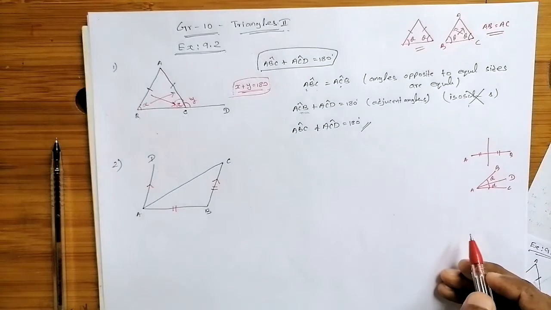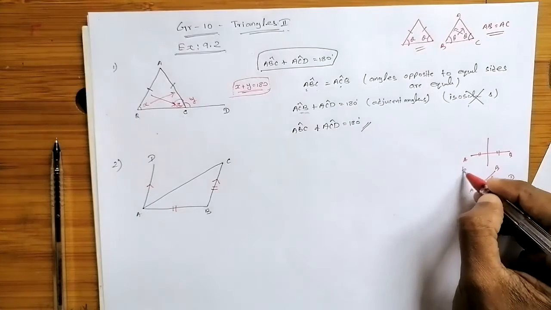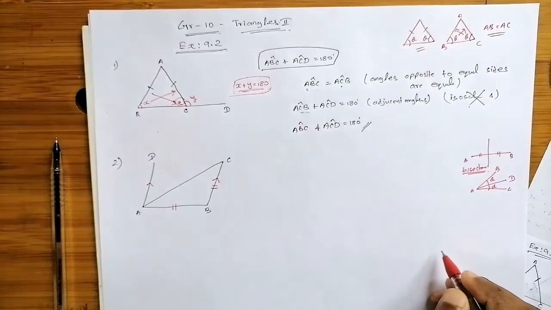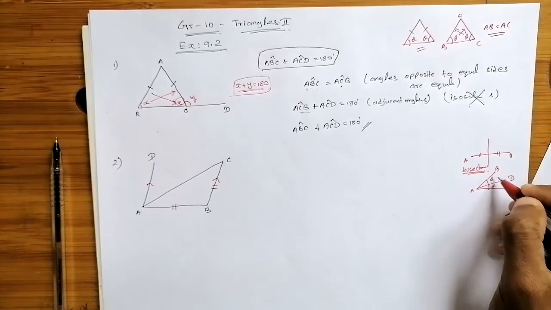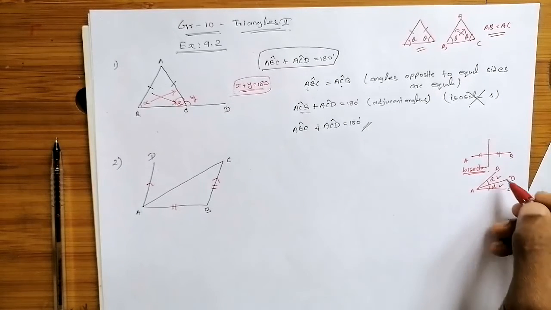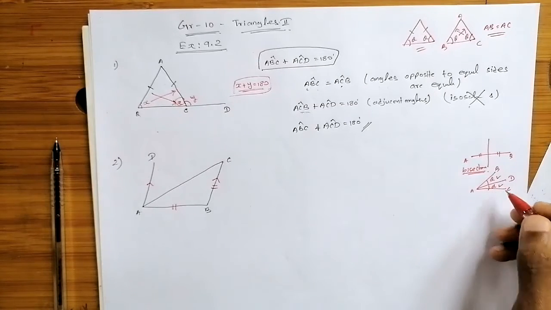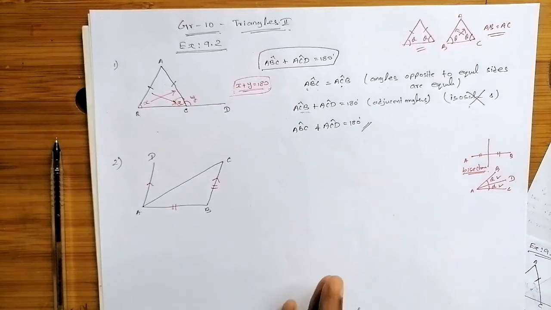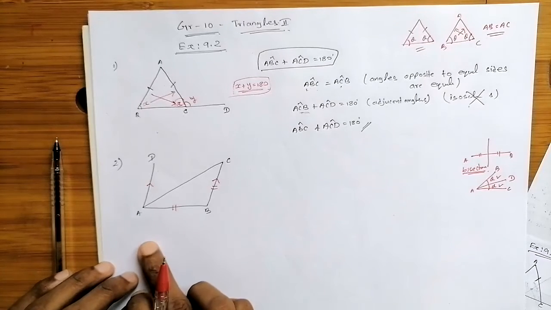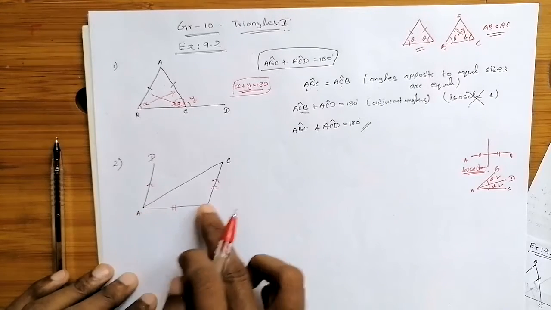Okay, we can't directly prove the bisector. We can't directly prove a straight line is a bisector. Okay, how can we prove it? Those angles are equal. So the straight line dividing the angle is a bisector. So in this case, they're mentioning the angle DAB.